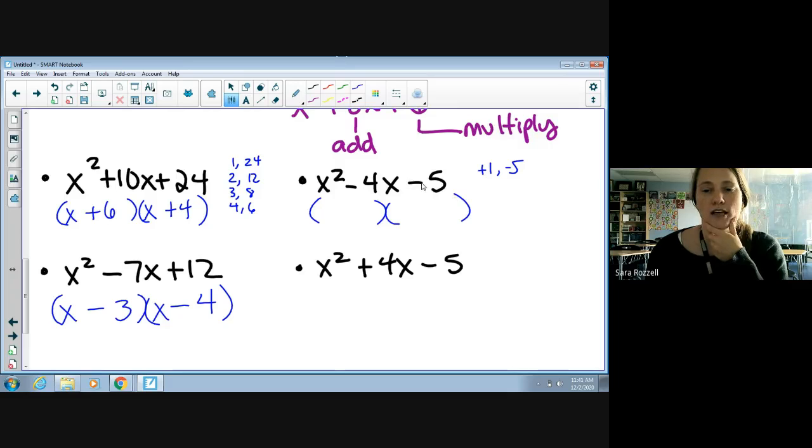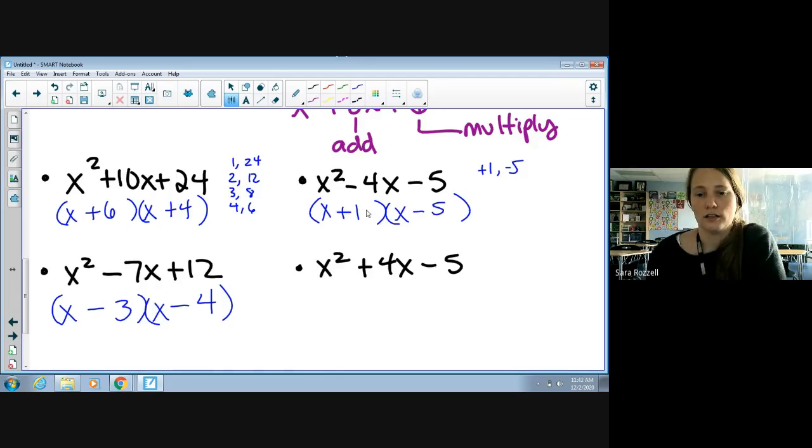So when you have a negative at the end, when you're trying to come up with your addition in the middle, just think it might be things that are getting subtracted from one another because that negative is involved. So let's look and double check. +1 times -5 makes -5. And +1 plus -5 makes a -4.